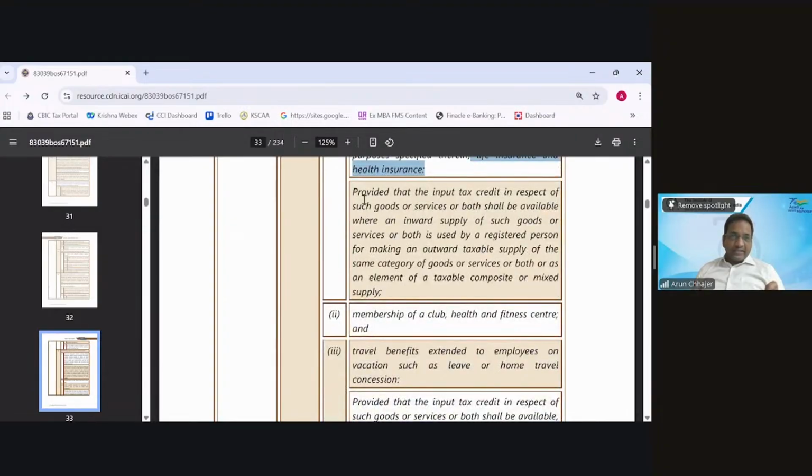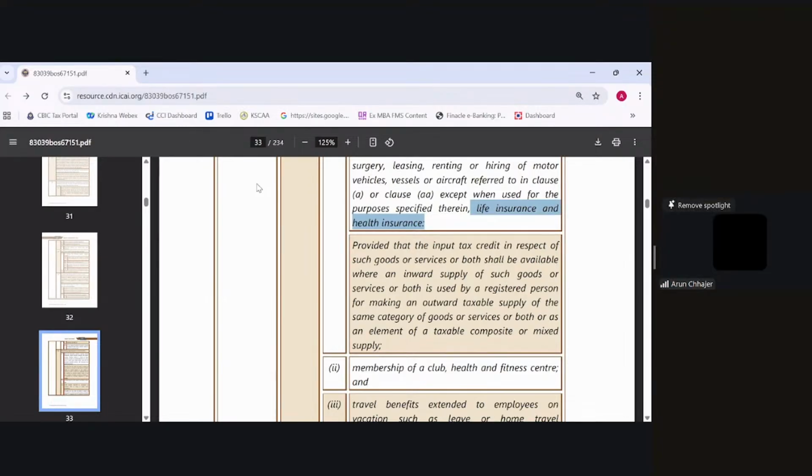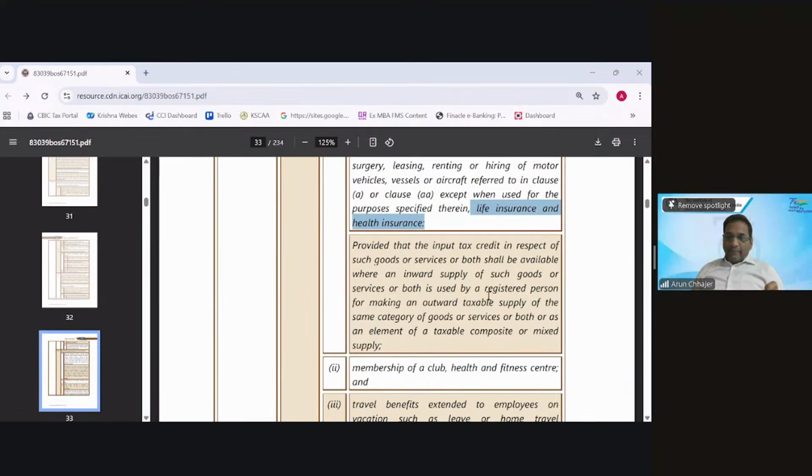Proviso says that ITC in respect of such goods or services shall be available where an inward supply is used by the registered person for making an outward supply of same category or as an element of the taxable composite or mixed supply.